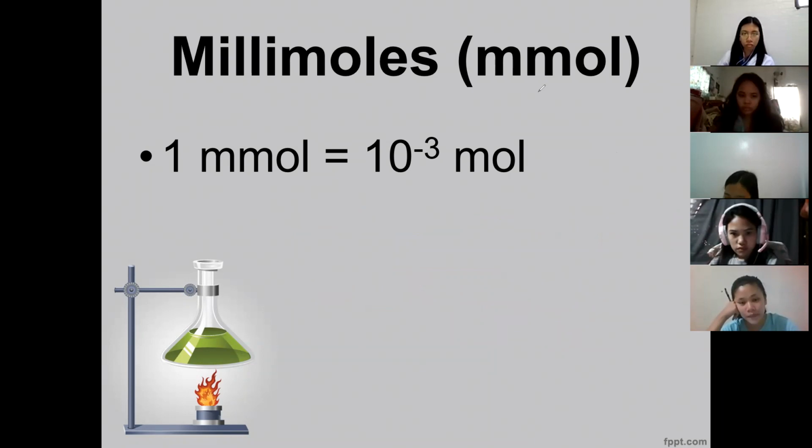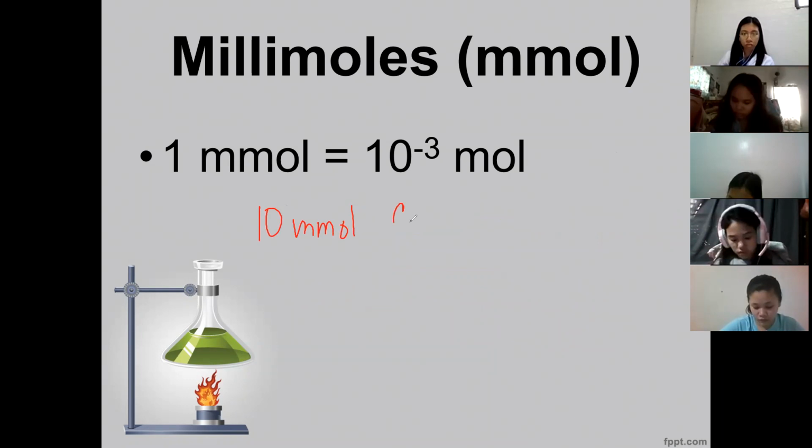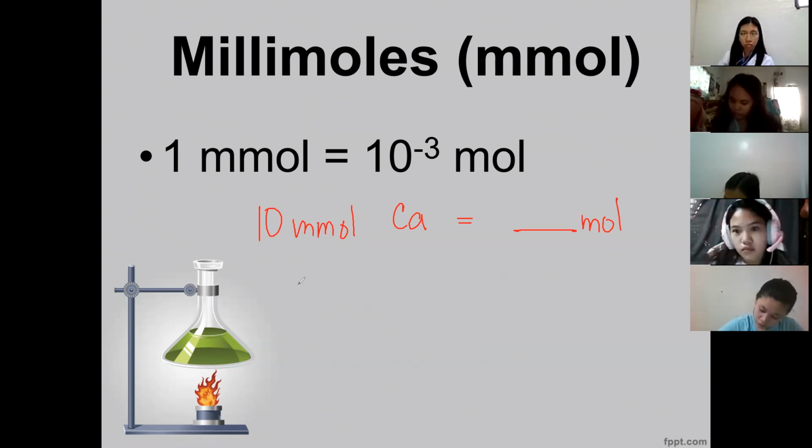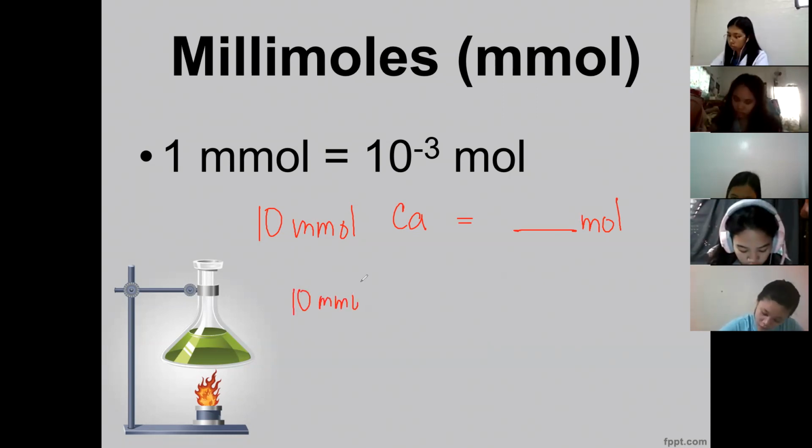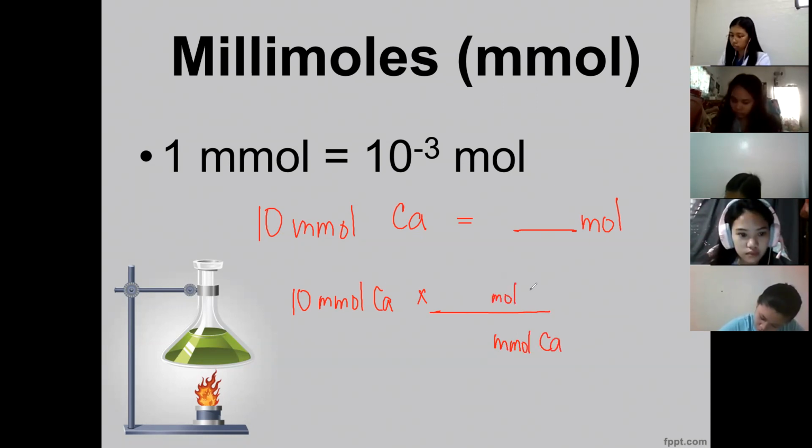Pero pag baliktad class, like I'll give you 10 millimoles of calcium, and then you are asked to compute for the mole, baliktarin natin yung process. So 10 millimoles of calcium here, and then si millimole na naman ang sa baba. Okay? And then sa taas na naman si moles. Kasi again, we really need to cancel this and kailangan maiwan yung desired unit.